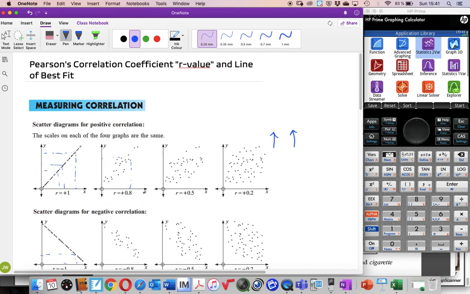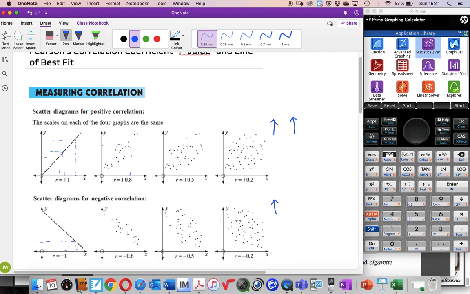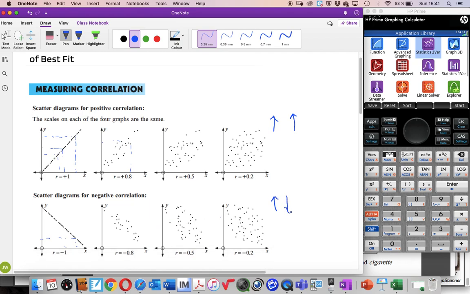Perhaps there's an association with that, as opposed to the negative correlation, which is as one variable increases, the other one decreases. So perhaps the more hours that you put in studying, the less free time you have. So as this goes up, you can see that it causes you to have lower values on the y, okay? So this we call negative correlation.